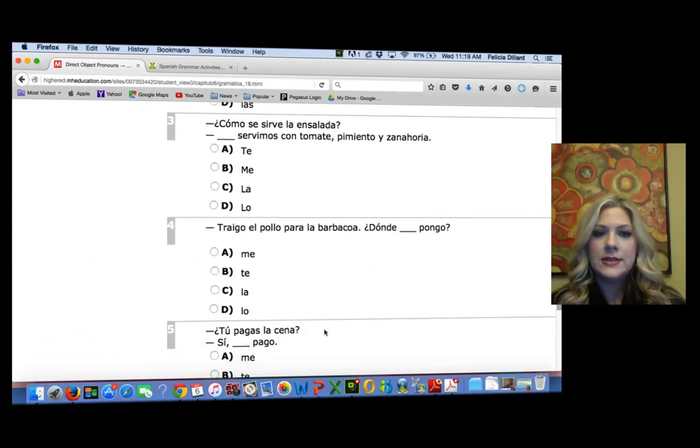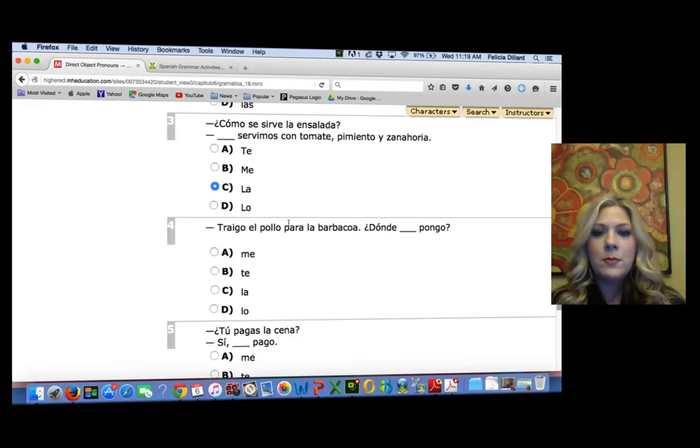Okay, números 3 y 4. ¿Cómo se sirve la ensalada? Servimos con tomate, pimiento y zanahoria. How is the salad served? We serve it with tomatoes, pimiento y zanahoria. So we serve it, and we're talking about la ensalada, so la servimos.